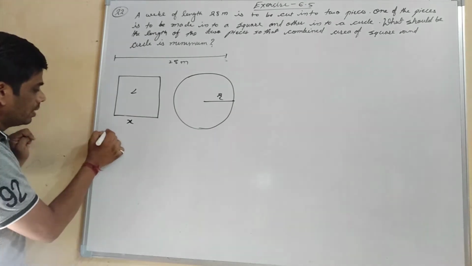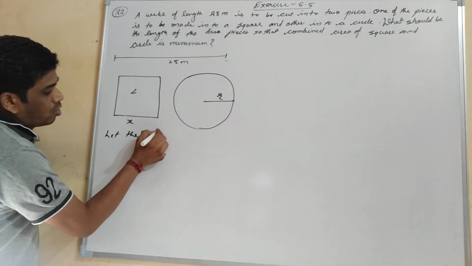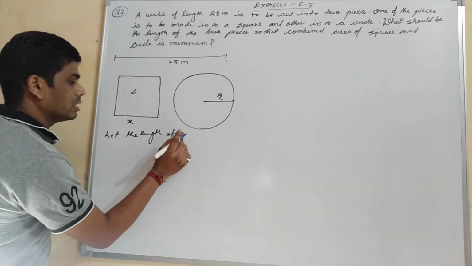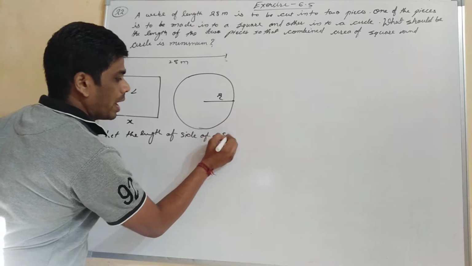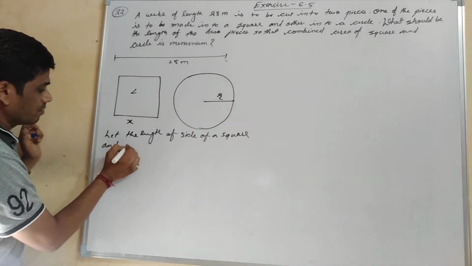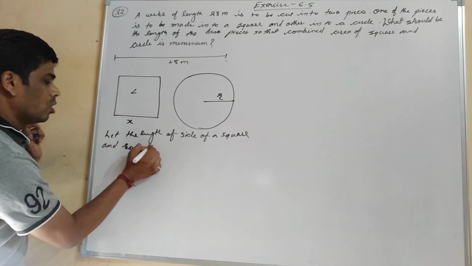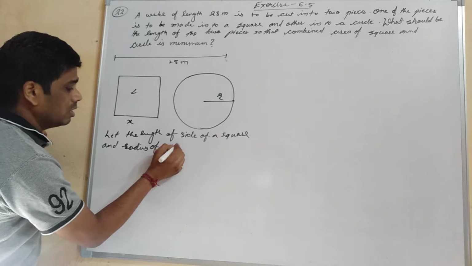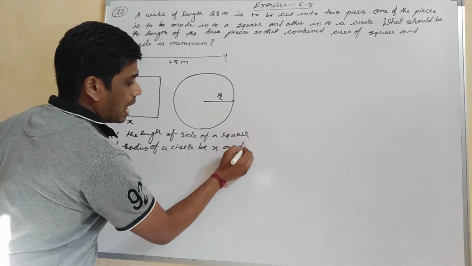So let the side of the square and the radius of the circle be x and r respectively.